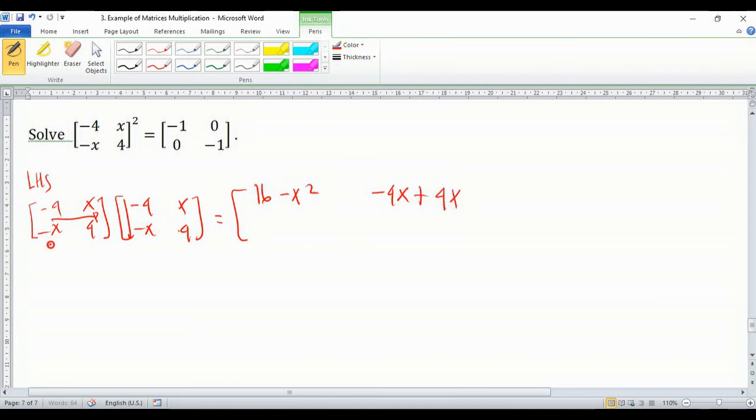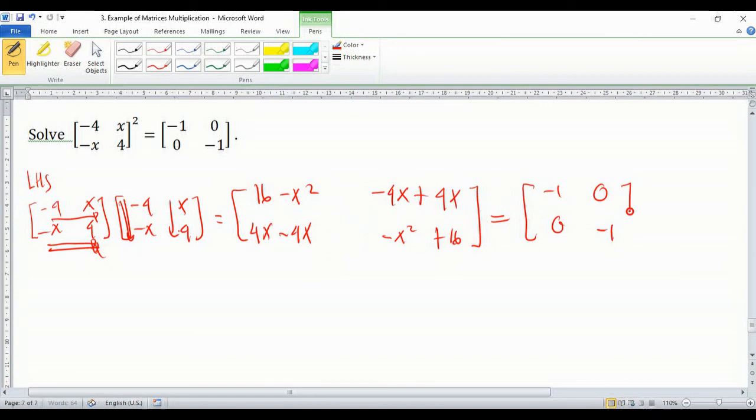Then the second row with the first column, minus x times minus 4 is 4x, and x times 4 is 4x, minus 4x, so 0. And then the second row with the second column, minus x times x is minus x squared plus 16. This is also equal to minus 1, 0, 0, minus 1, right?